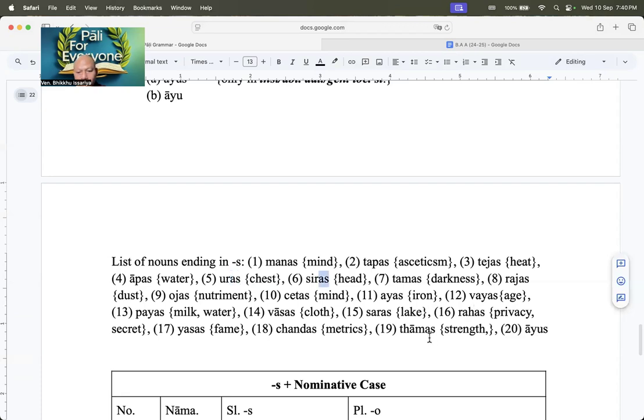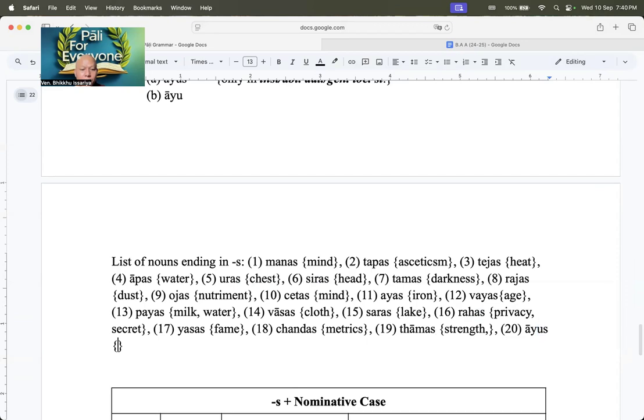Finally, rahas and tapas, all of them end in as. But this one is ayus. Ayus means lifespan, life, or sometimes lifespan in this way. And also maybe some others, but these are the common ones. Okay, all 20.